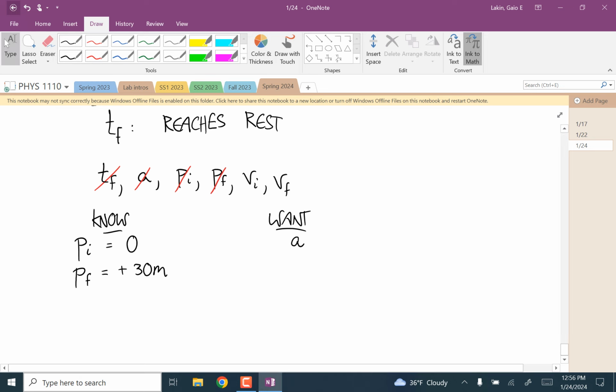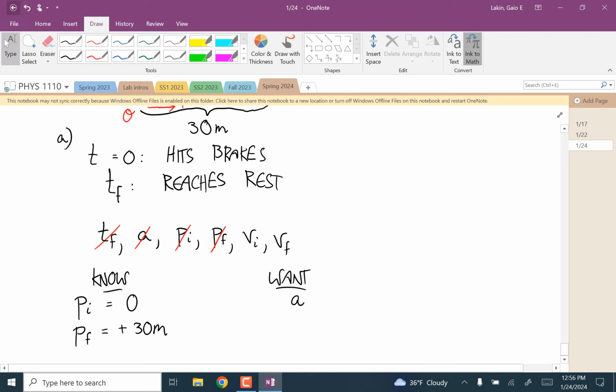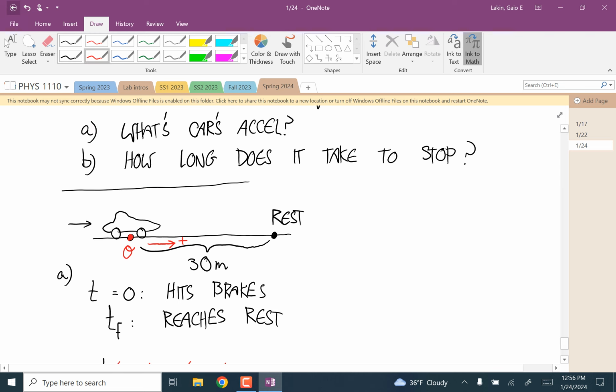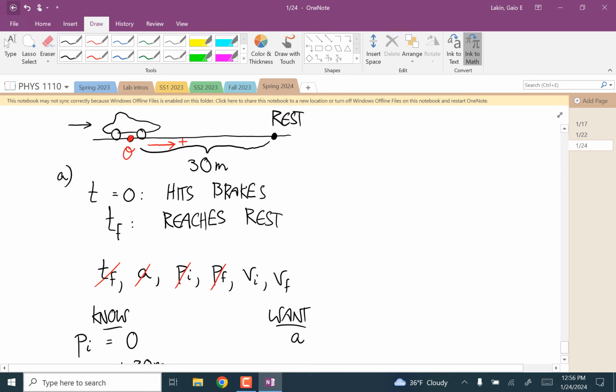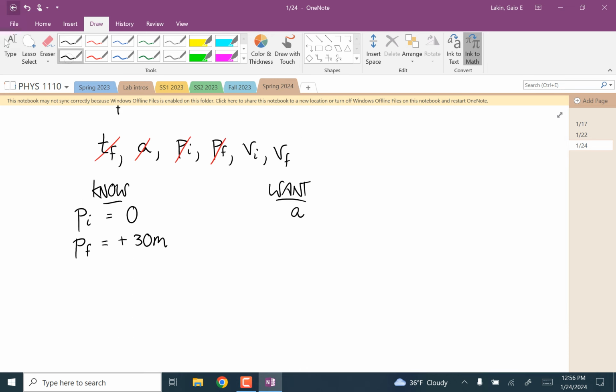And now what about the velocities? Do we know the velocity of the car when time is equal to 0? We know the speed is 40 meters per second, okay? And we know the direction, so we can put together the velocity. So the velocity when time is equal to 0 is, you can think of it as plus or minus 40 meters per second.